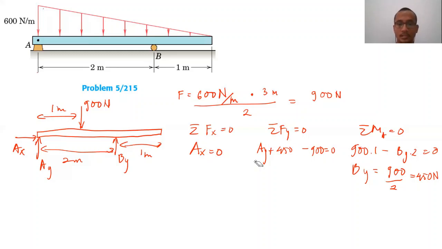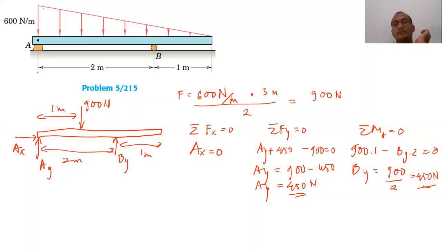Okay, and in this case, we will have that the value of Ay is 900 minus 450 Newton, which is equal to 450 Newton as well. So that's it. We find out that the reaction force at Ay is 450 Newton, and the reaction force at Py is equal to 450 Newton.